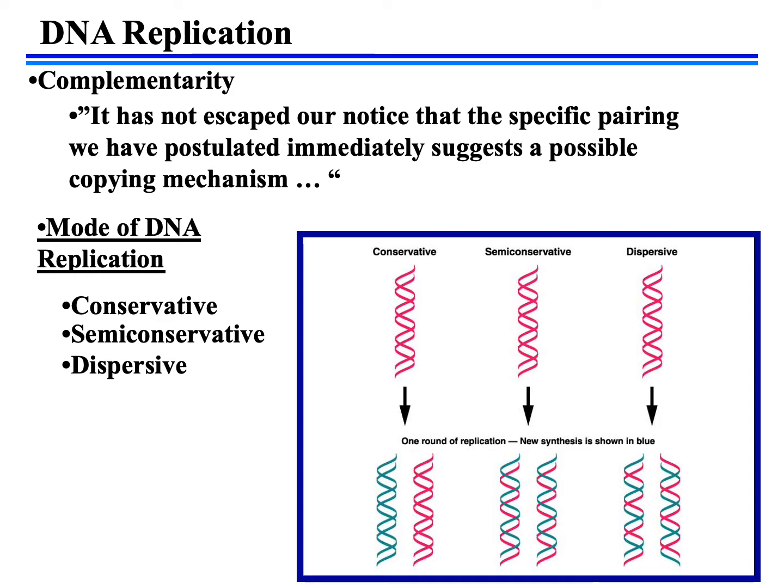The first thing I want to review is the concept of complementarity, that is, the chemical affinity provided by hydrogen bonding between bases. We know that there are specific hydrogen bonds between specific bases: nucleotides that contain adenine, or A's, will always hydrogen bond with nucleotides that contain thymine, or T's, and there are two hydrogen bonds between A's and T's.